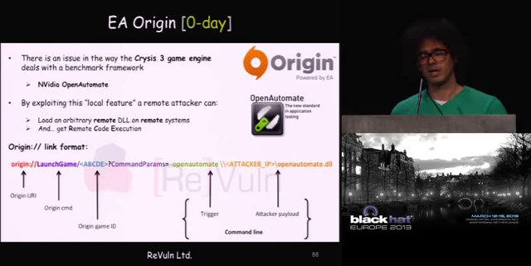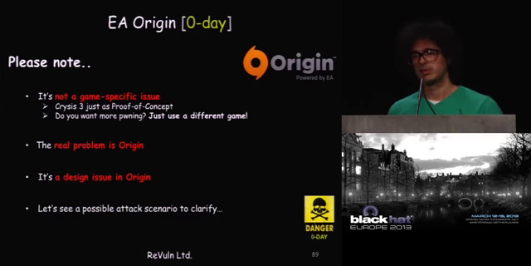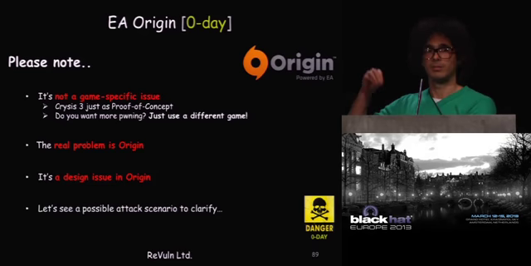There are many other games on Origin that use it. An example is Battlefield 3. Anyway, remember that this one is an issue in Origin. So Crysis is just a feature. And we, the attacker, use this feature plus the issue in Origin to exploit the victim.